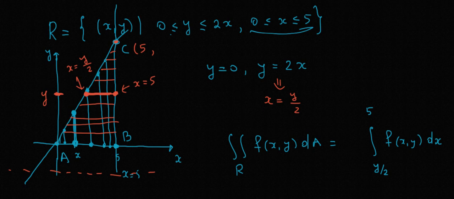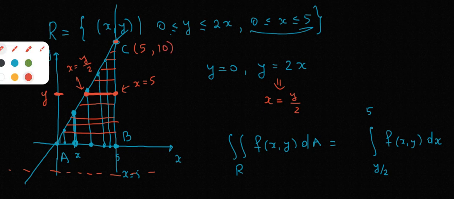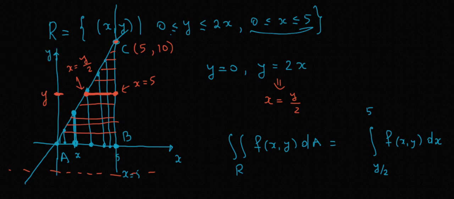C is on the line y equals 2x. So the y coordinate of C is twice the x coordinate, so it's going to be 10. And this tells us that our region extends all the way to y equals 10.